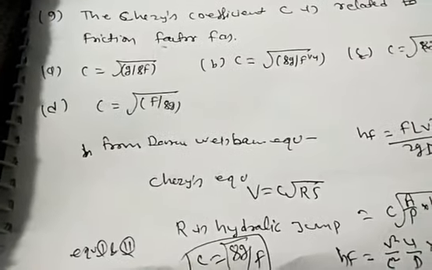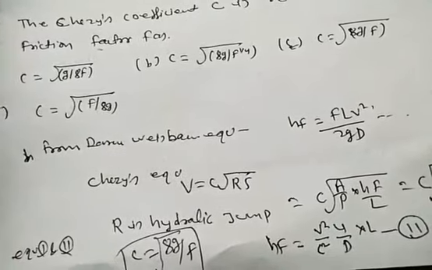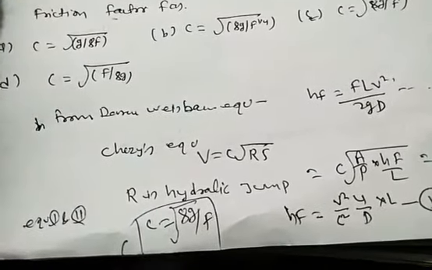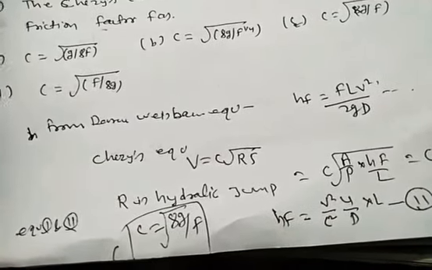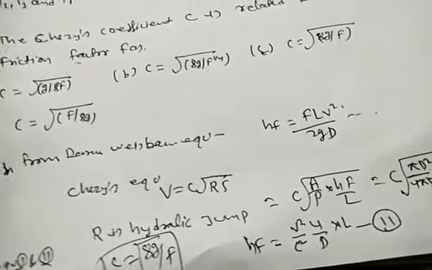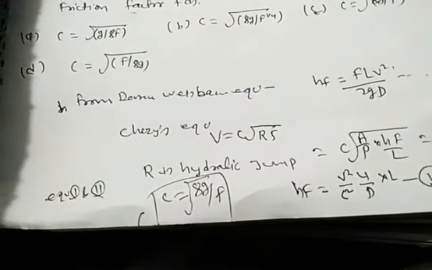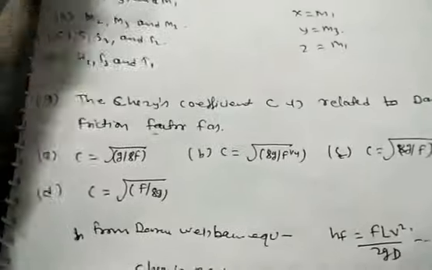Explanation: for the Darcy-Weisbach equation, hf equal to f L V square by 2gD, and Chezy's equation V equal to C under root RS, where R is hydraulic radius. Equating, C equal to under root 8g by f. And option C is the correct answer.